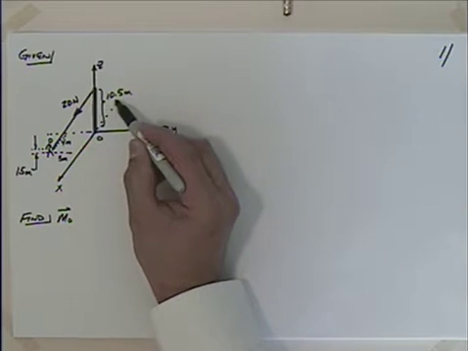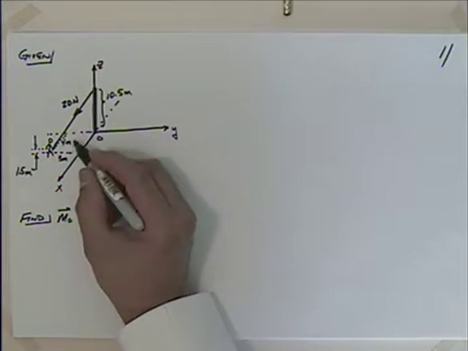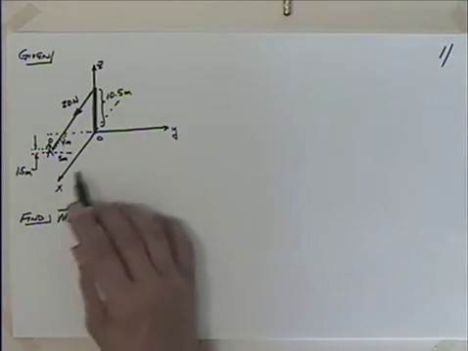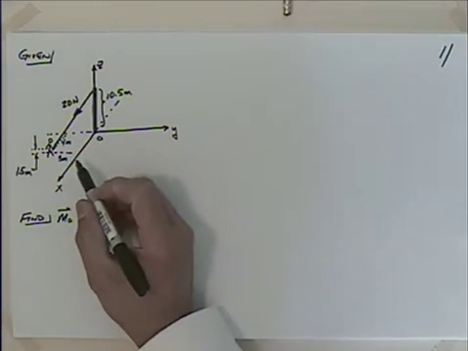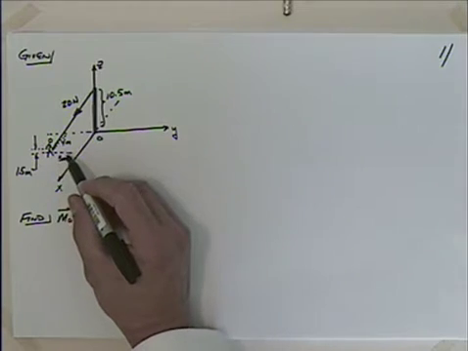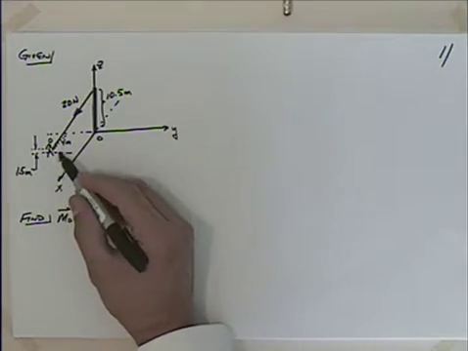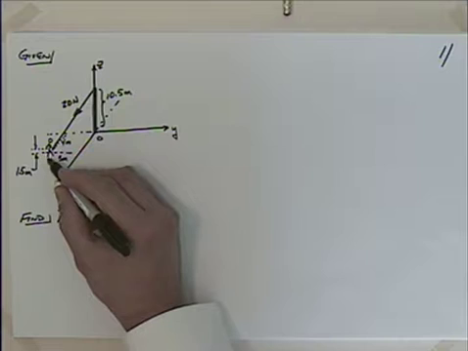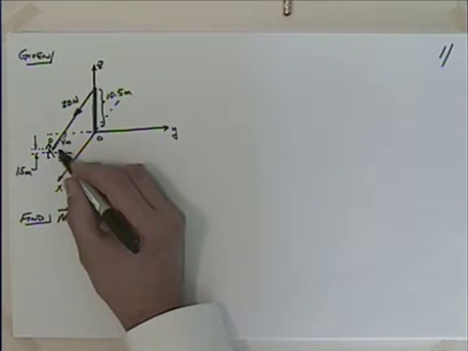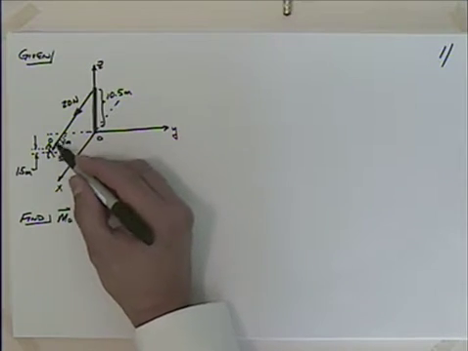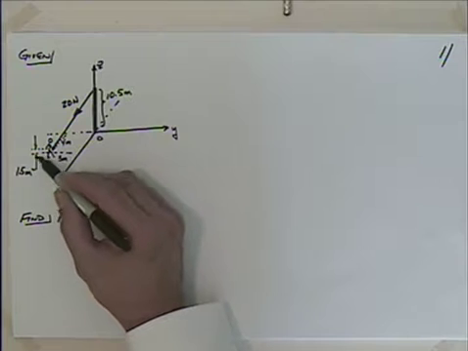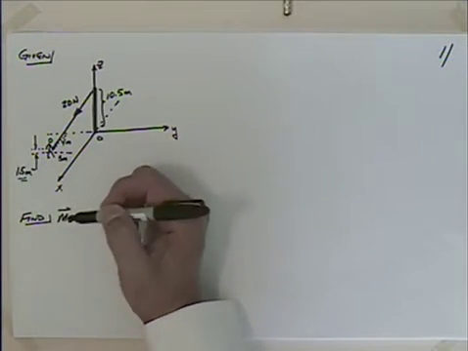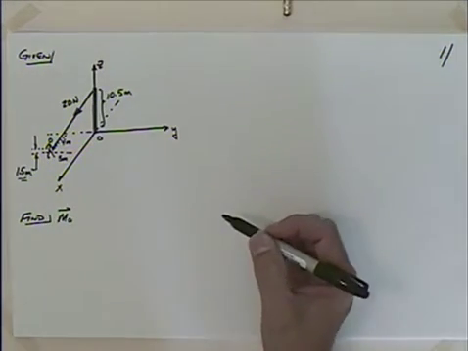The column itself is 10.5 meters in height, and this person is standing on the XY plane, as you can see, at a location of 3 meters in the minus Y direction and 4 meters in the positive X direction. And their feet are here on the XY plane, but they are pulling at chest high or something like that. So the end of this rope actually does not terminate at the XY plane, but 1.5 meters above the XY plane. So that's important to note.